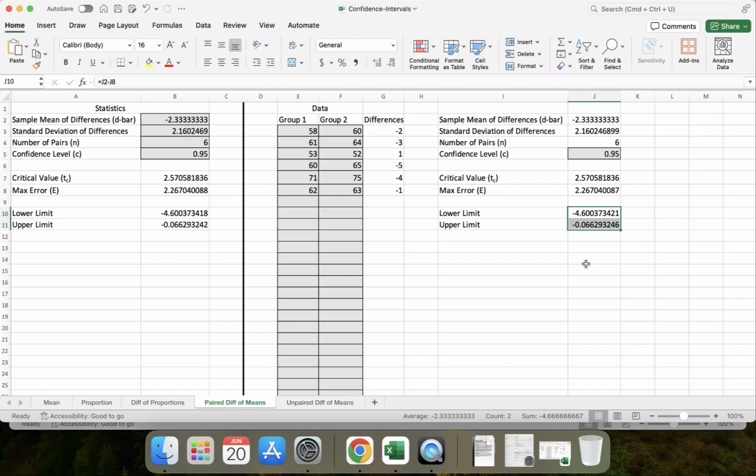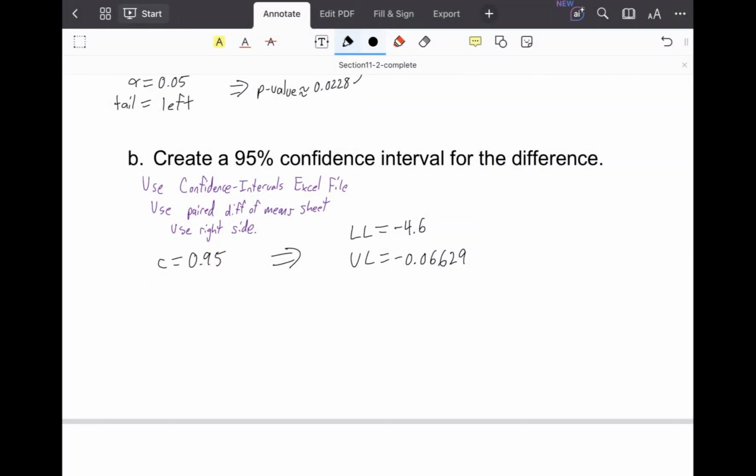Okay, now the units for this are in weeks. So this is weeks and weeks.